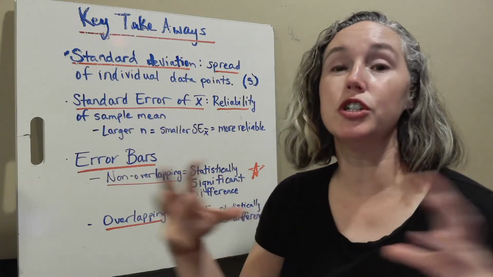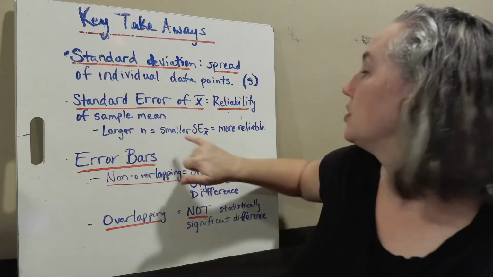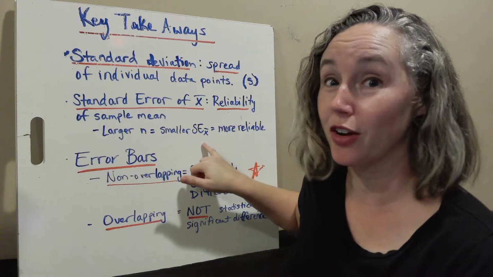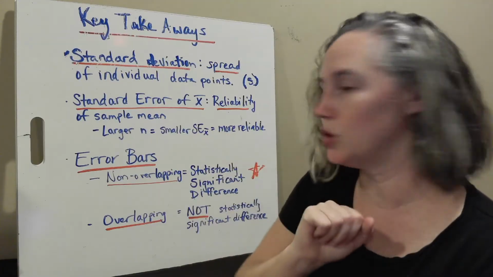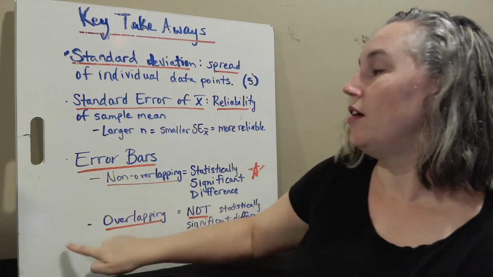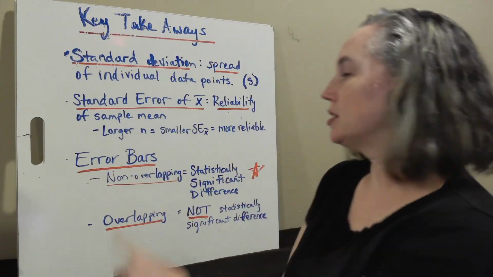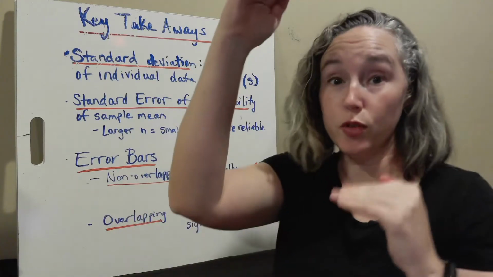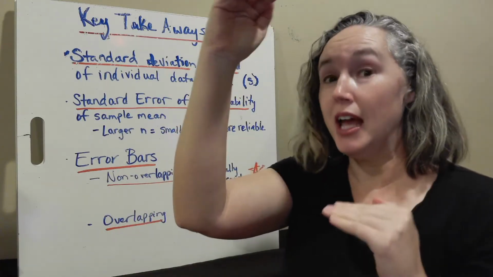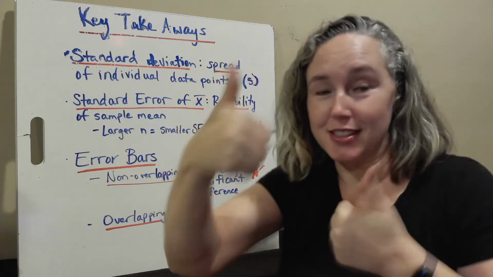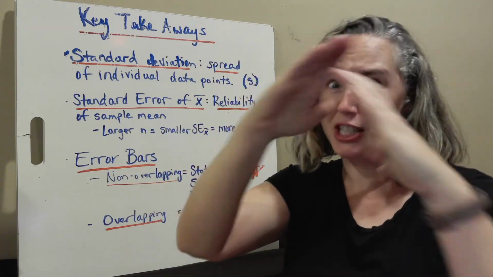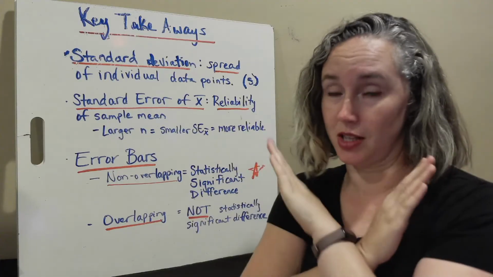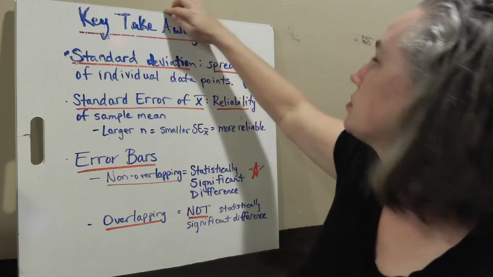Remember, the larger your N or sample size, the smaller your standard error of the mean, and therefore the more reliable your results. Finally, when reading error bars, if they do not overlap, then you likely have statistically significant results. But if they do overlap, you don't have statistically significant results.